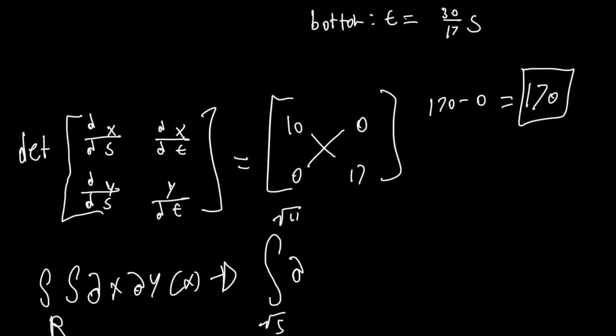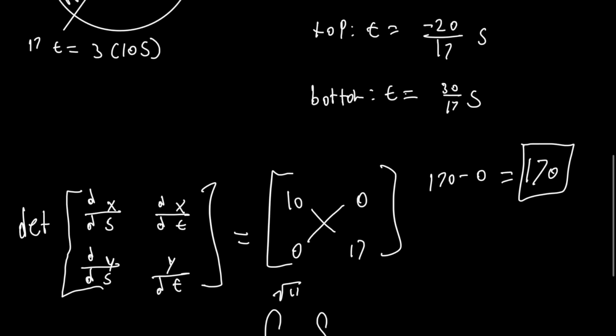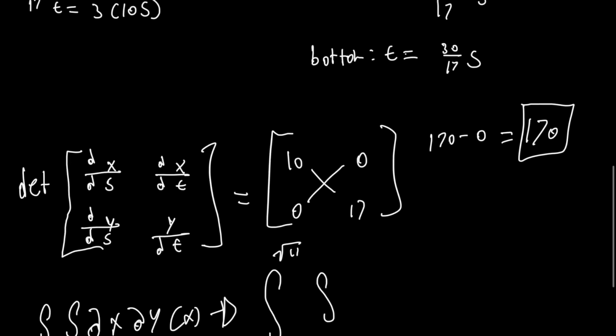I'm going to leave this out for right now to avoid confusion. Then my restrictions are, because I have it in terms of t, and I like having it in terms of t, it goes from negative 20 over 17s to 30 over 17s.